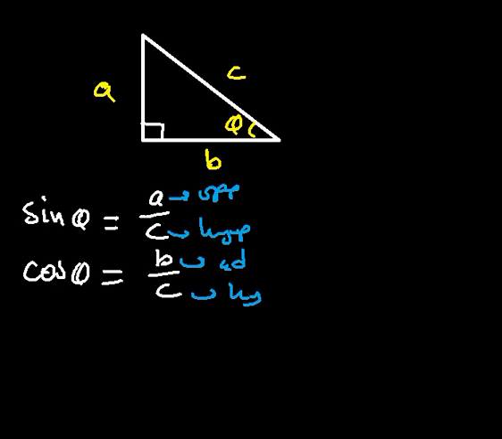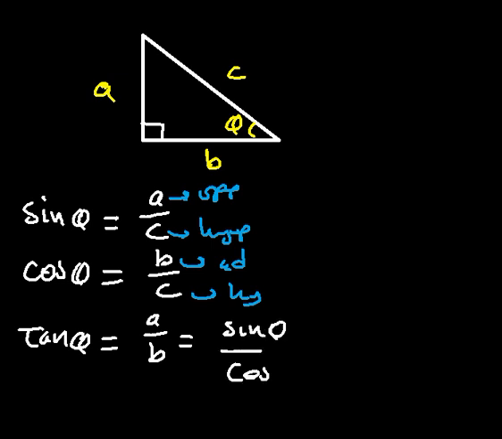And we have what equates as the tan theta. Tan theta corresponds to the opposite over adjacent, which is A over B. Of course, tan theta is also the same as sin theta over cos theta. So what is the sin theta?